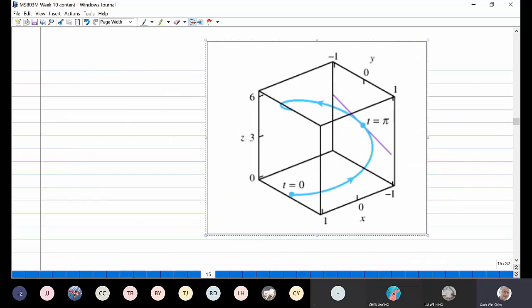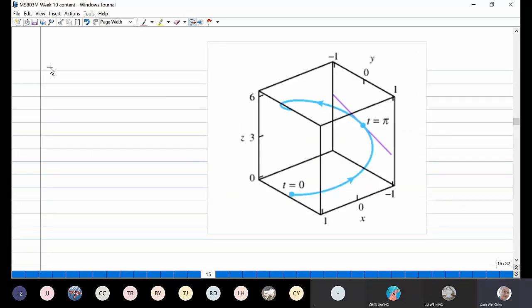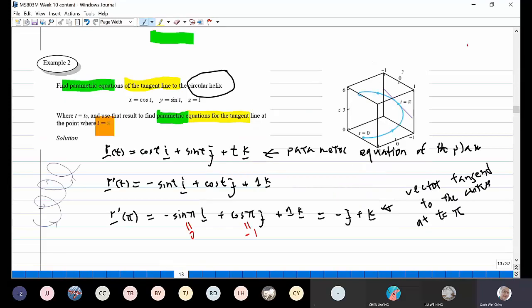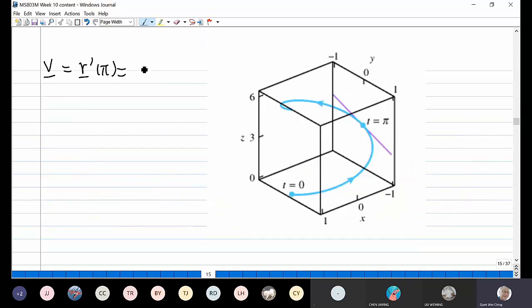So I already know the direction of the tangent vector is r prime pi. We find that r prime pi is equal to minus j plus k. So this direction is the direction of minus j plus k.